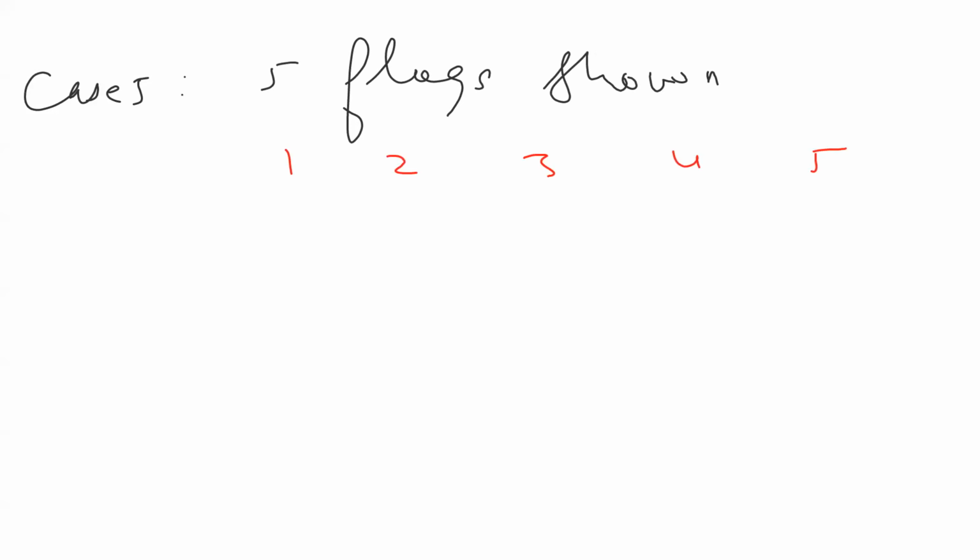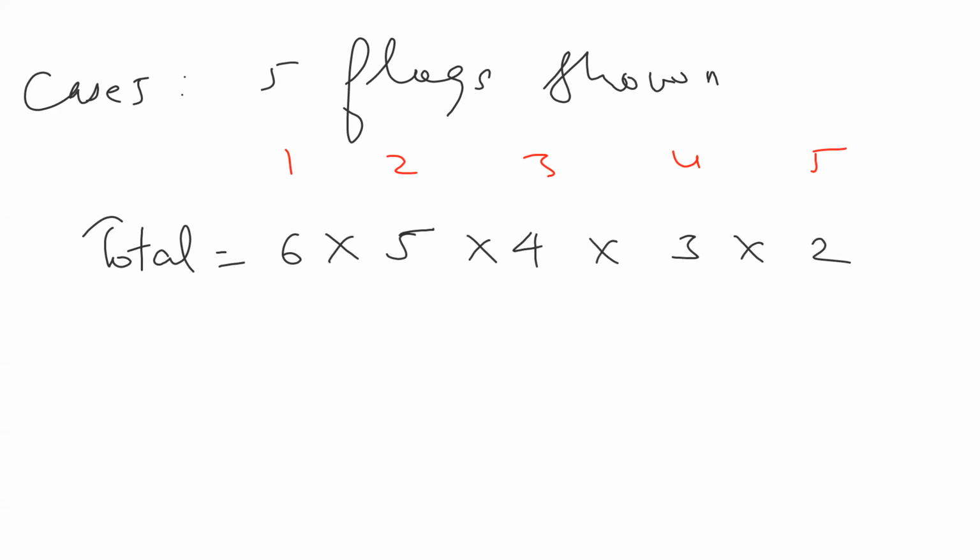So the first flag can be shown in 6 ways, second in 5 ways, third in 4 ways, fourth in 3 ways, fifth in 2 ways. Or the last case, out of 6, all 6 flags are shown at a time.